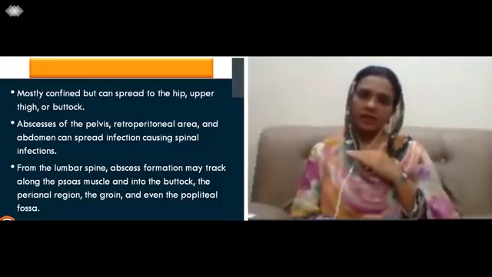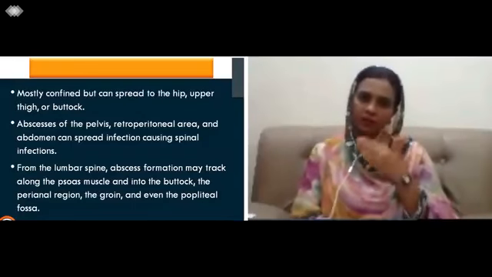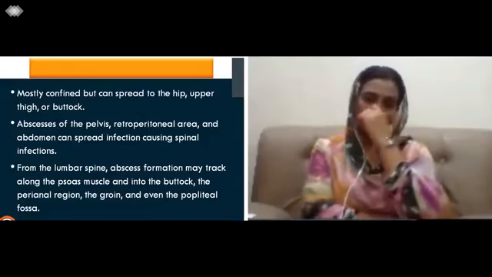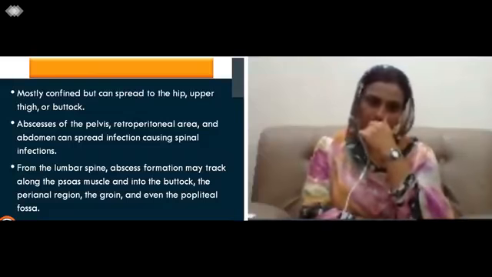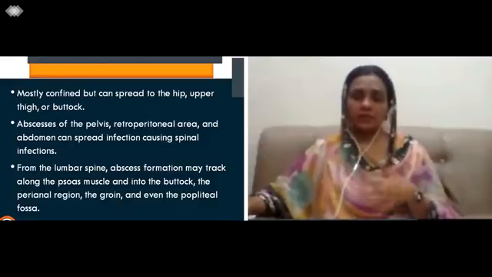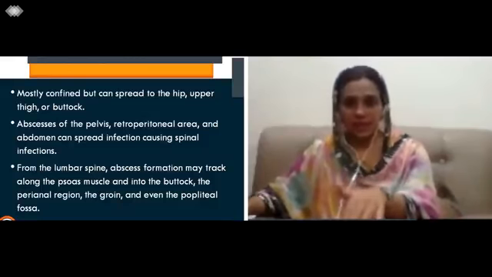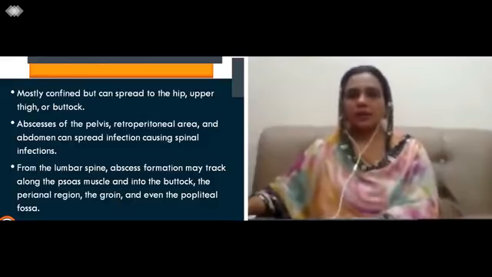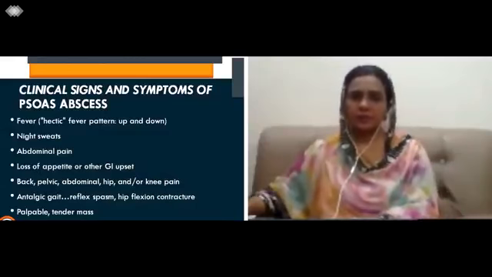And if there is spinal infection, then spinal infection can also track down your muscle, or even up to the buttock. So buttock or perianal area, groin, or even sometimes in the muscles or your knee, up to the popliteal fossa, it can radiate.